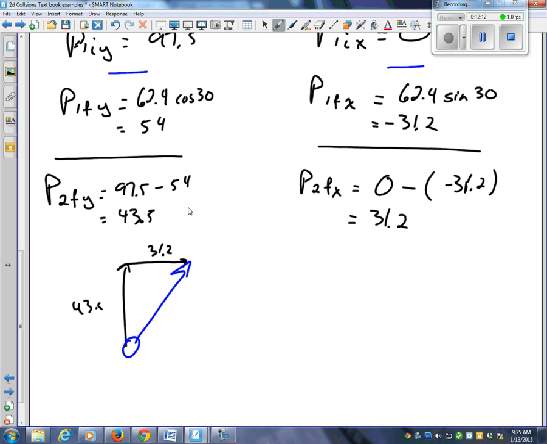And what is its actual value here? P2F squared is going to be 31.2 squared plus 43.5 squared. And what does that equal? 53.5 kilogram meters per second.